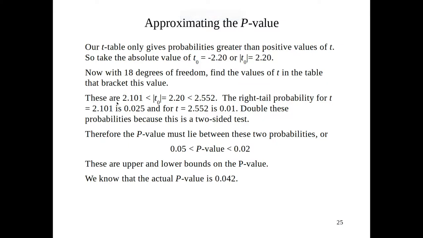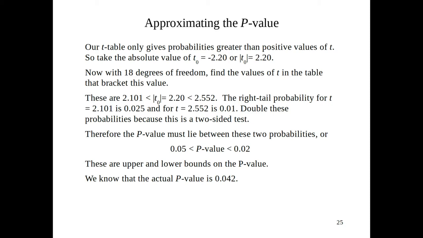So those values are 2.101 and 2.552. Our t value falls between those two values. Because the tables provided are only right tail, the right tail probability for 2.101 is 0.025, and for 2.552 is 0.01.